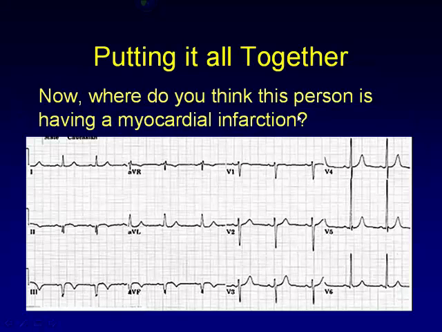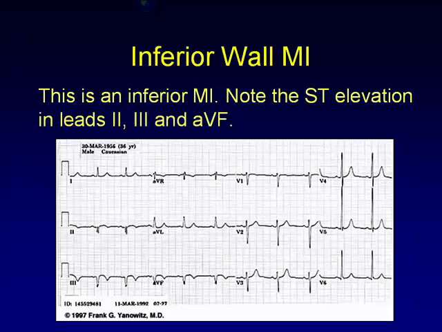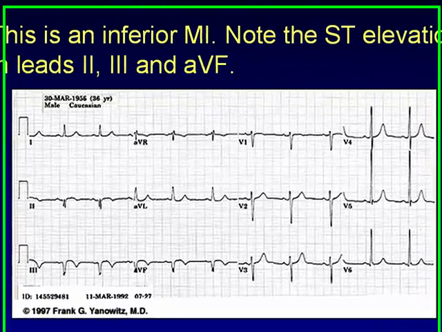Now, where do you think this person is having a myocardial infarction? Just stop the video and tell me. Yes, you are right. Inferior myocardial infarction. How did you know? Let's interpret this. Okay, this is an inferior myocardial infarction.